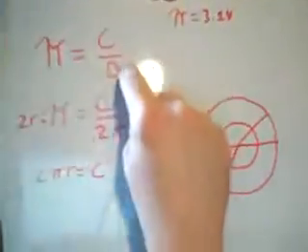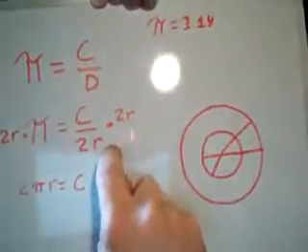And if you don't understand it, you need to go back, because you're not ready for this yet. Alright, but if you have done all that, now we know that if you take the radius of a circle and multiply it by 2, you get the diameter. So what are we going to do in this ratio? We're going to replace the d with 2r, because remember, if you take the radius of a circle, multiply it by 2, you're going to get the diameter of the circle. It's that simple.